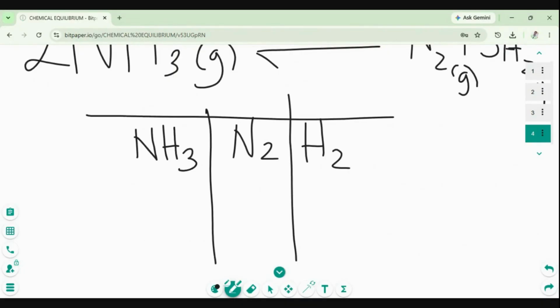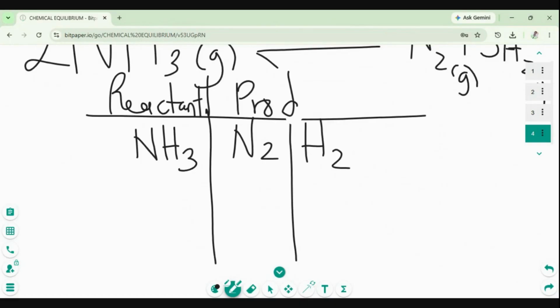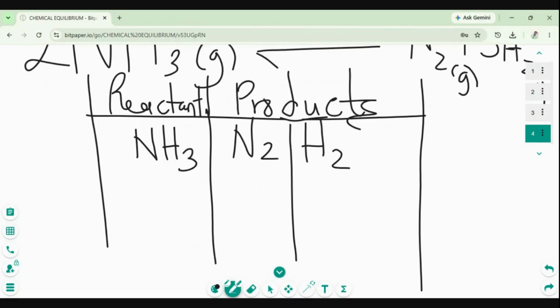You need to remember that this one is this time a reactant, and this time these ones are the products. And remember, on the side of the reactants, we subtract. On the side of the products, we add. So this is what we have.